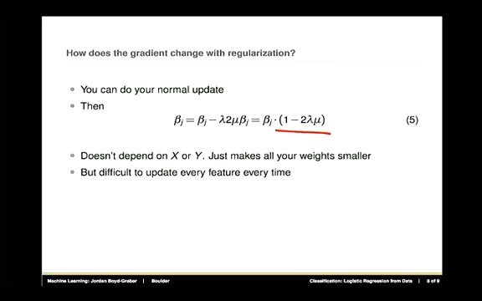Any ideas on how you might be able to get around this? Yep. Just use a constant. So what do you mean use a constant? Like just have some kind of constant that you would reduce on all parameters. Well, this is basically something like a constant.